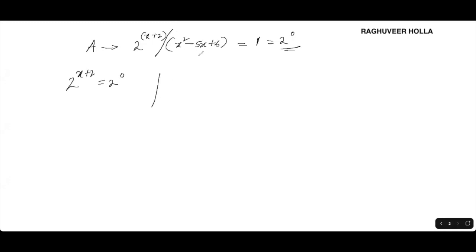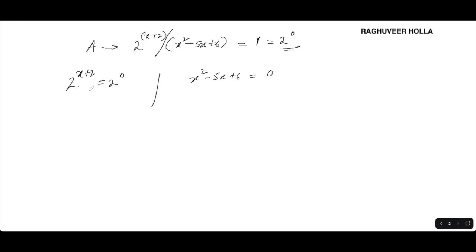Now, if you look at the set A, which is 2 to the power of x plus 2, multiplied by x square minus 5x plus 6, is equal to 1. Now, I can write 1 as 2 to the power of 0. So I can compare this with respect to this, right? So that is 2 to the power of x plus 2, which is 2 to the power of 0. And this x square minus 5x plus 6 is a quadratic equation which is equated to 0.